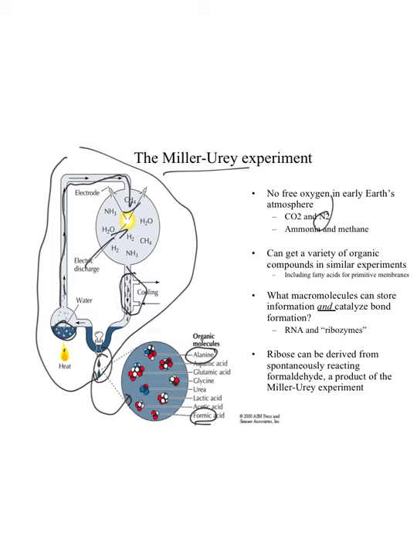Another product that we get in more of the modern Miller-Urey experiments is formaldehyde. And the reason this is interesting is because formaldehyde can spontaneously react to form ribose. And ribose is the pentose sugar that forms part of the structural basis for RNA monomers.